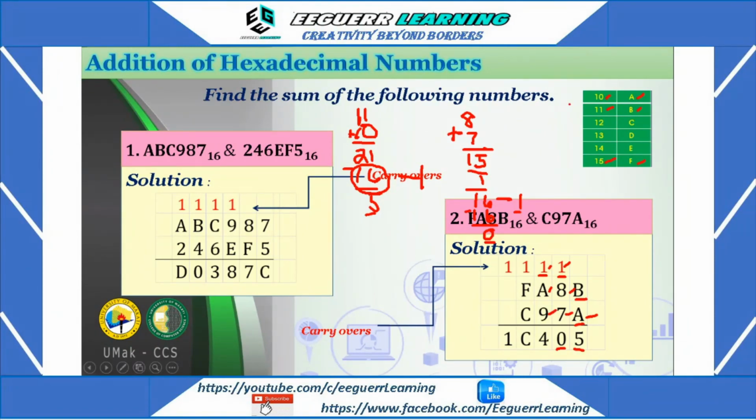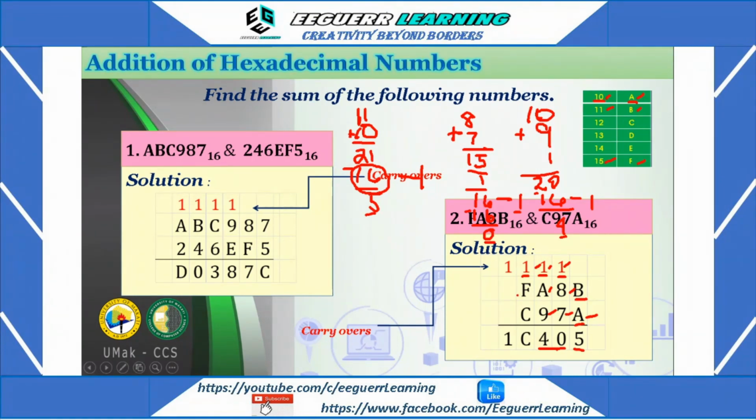We look for the value of A, which is 10. So we place 10 for A, and 9. 10 plus 9 plus 1 will give us 20, minus 16 will give us 4. So bring down 4 here, and carry the whole cycle of 1 of hexa here as your carry.